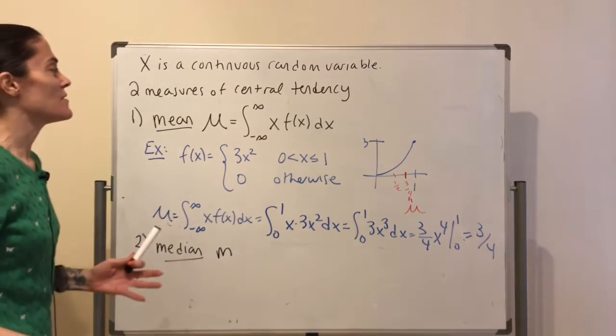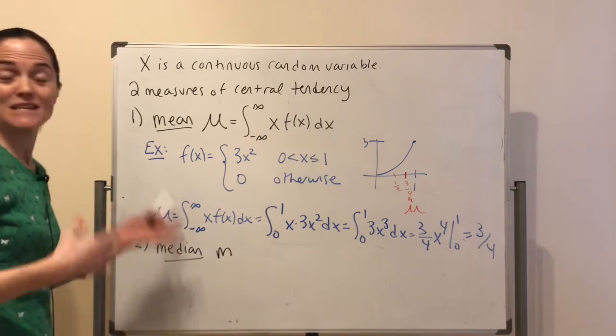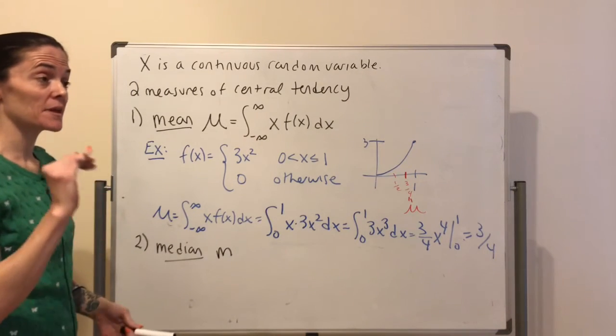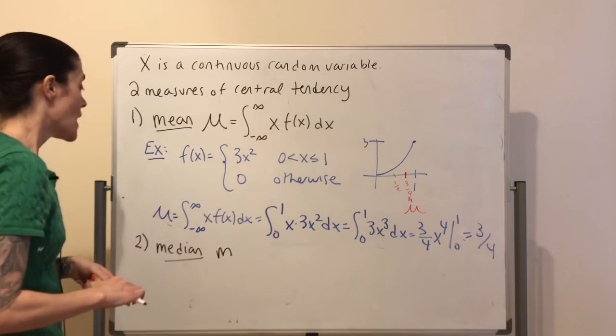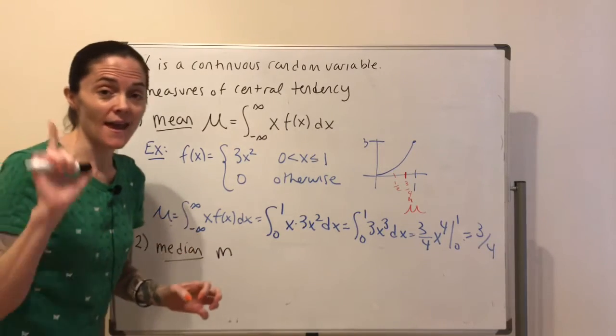Now, what would it be for a continuous random variable where we have a probability density function? Again, we really want to think area.